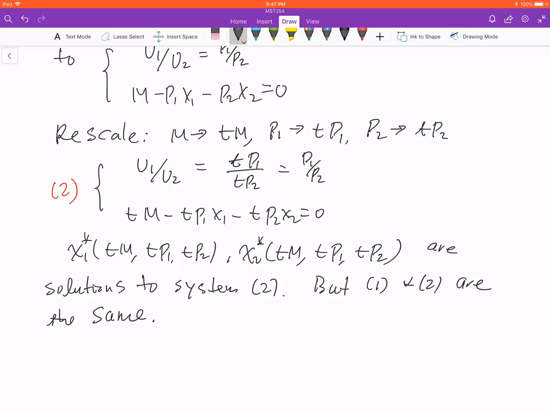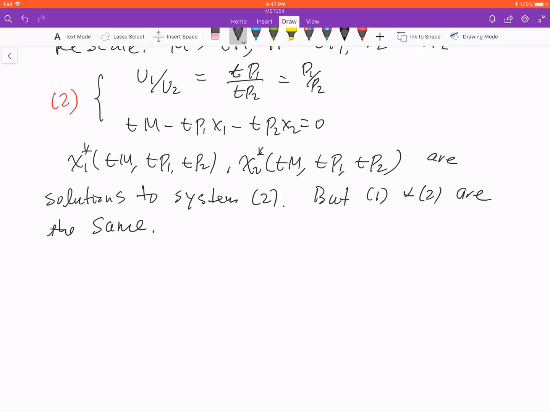So by eliminating lambda, we are able to show that x1 star of m, p1, p2 is equal to x1 star of tm, tp1, and tp2. And the same is true for x2 star.